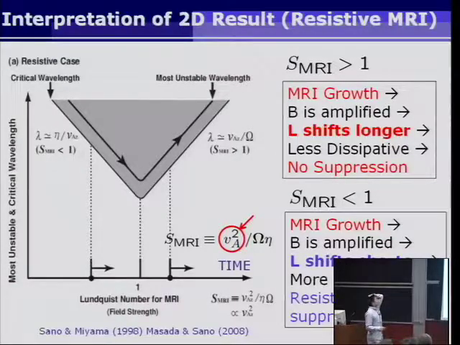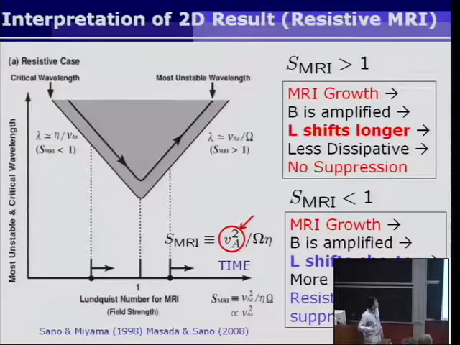In the resistive case, we can understand this result through this diagram. This diagram is the critical wavenumber as a function of the Lundquist number.